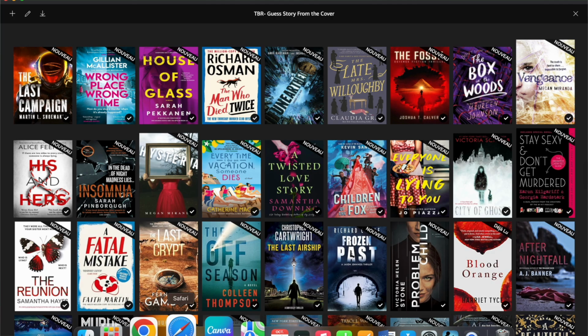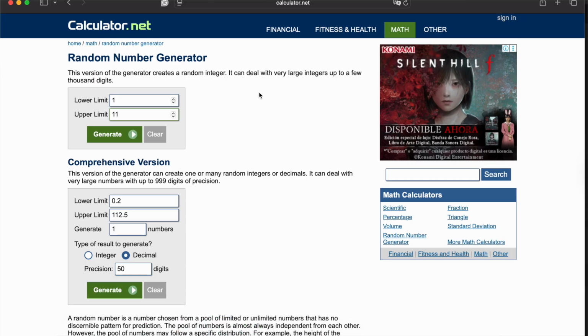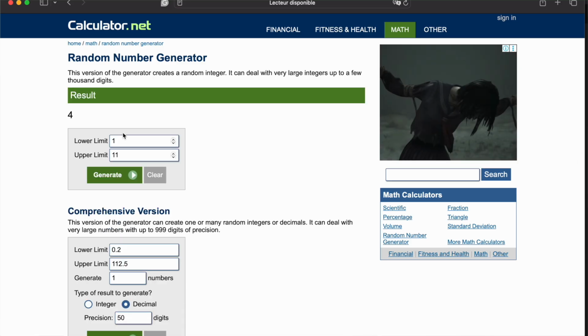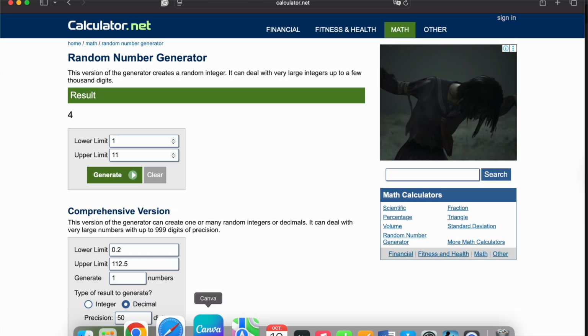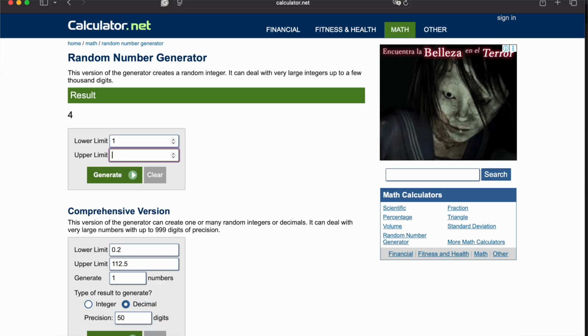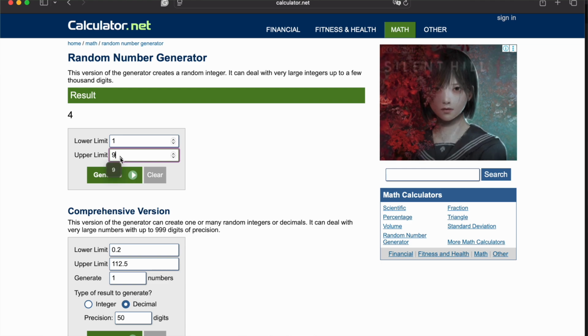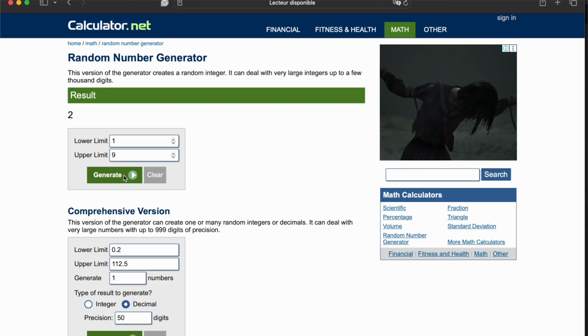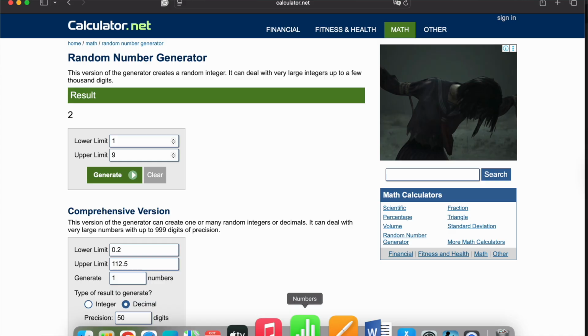So let's go to the generator. I'm going to go with the rows first. So I have 1 to 11, and okay, number 4 has been picked. Now for the top, number 2. So 4 and 2.